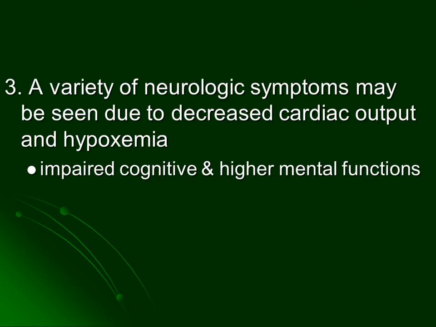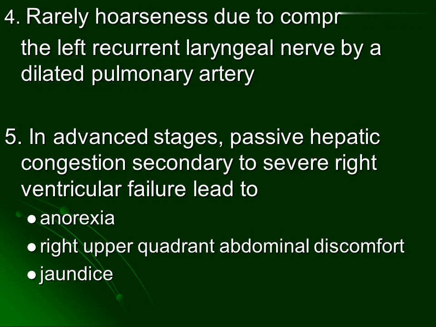3. A variety of neurologic symptoms may be seen due to decreased cardiac output and hypoxemia, with impaired cognitive and higher mental functions. 4. Rarely, hoarseness due to compression of the left recurrent laryngeal nerve by a dilated pulmonary artery. 5.